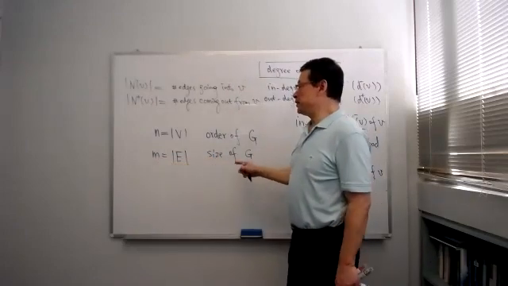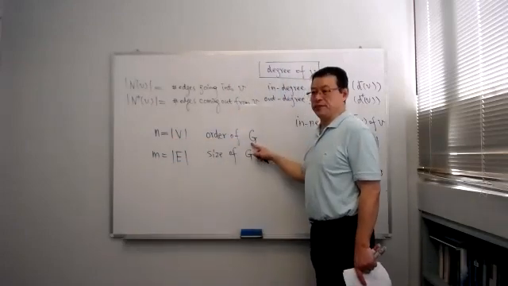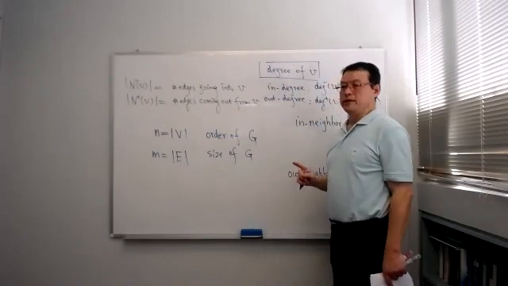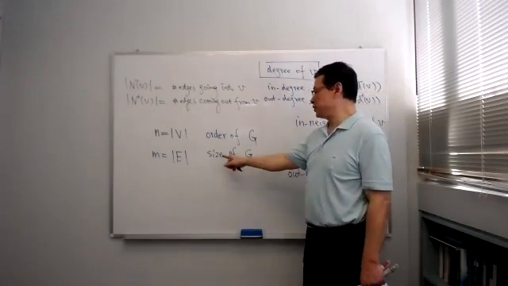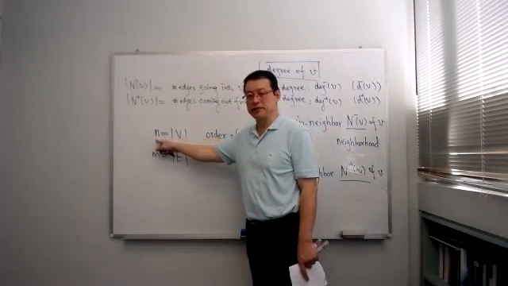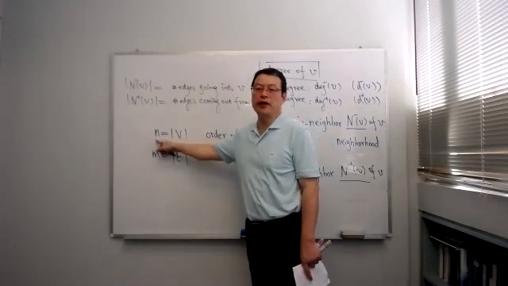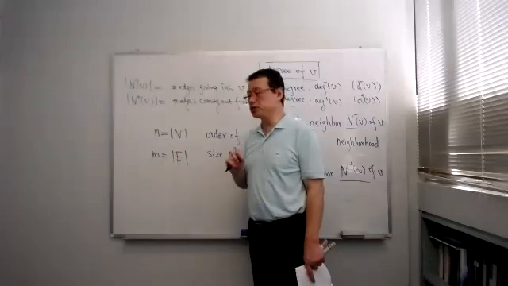If we want to refer to the number of vertices, we say the order of G. But in the literature, it's quite possible that people use size to refer to the number of vertices. Usually it should be quite clear from context, so don't worry too much.